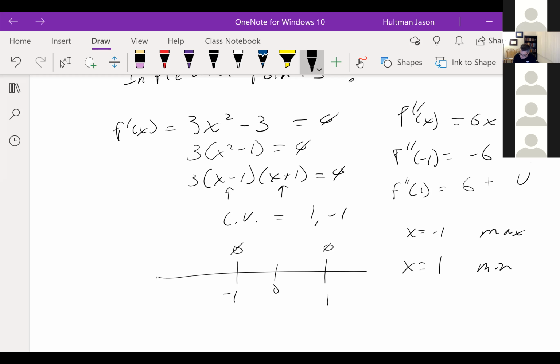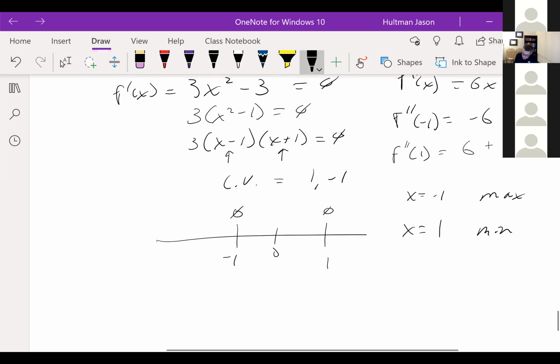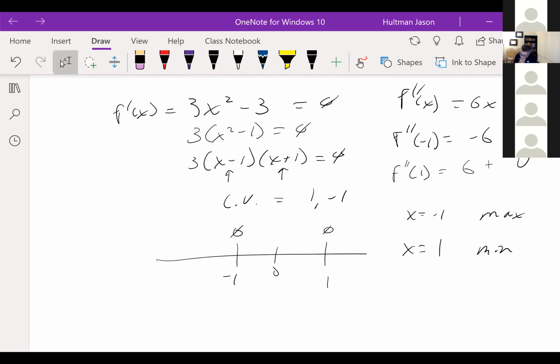Oh, that's cool. Okay, where is the inflection point going to occur? The inflection point occurs at f double prime of x equals 0. Well, what was f double prime of x? Wasn't it 6x?